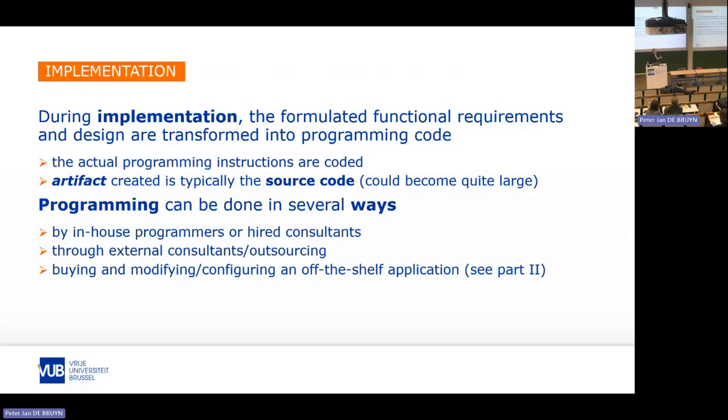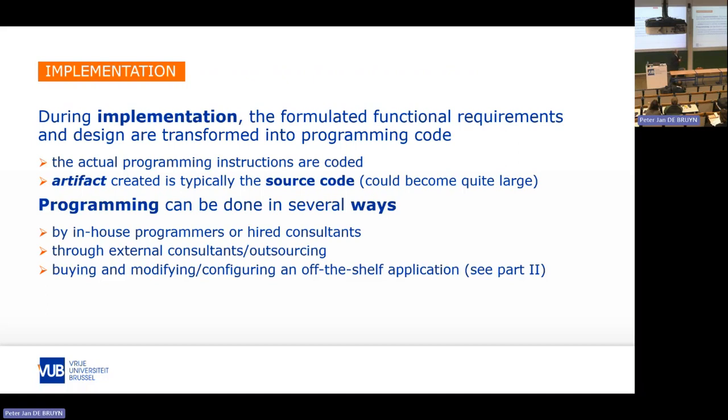So the artifact, the outcome that is created in this phase is the source code, the lines of code that are there in a software program, as we said in the first lecture, those statements in a kind of computer language, to put it simplistically, those statements, they are created and they are programmed in that phase.